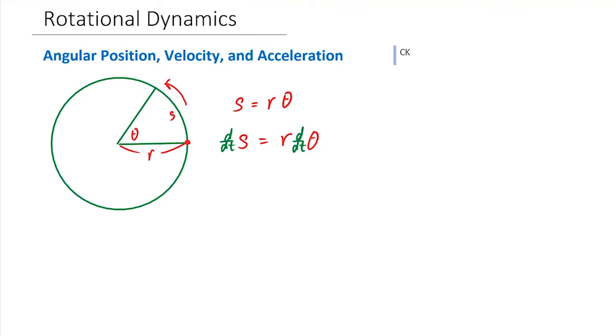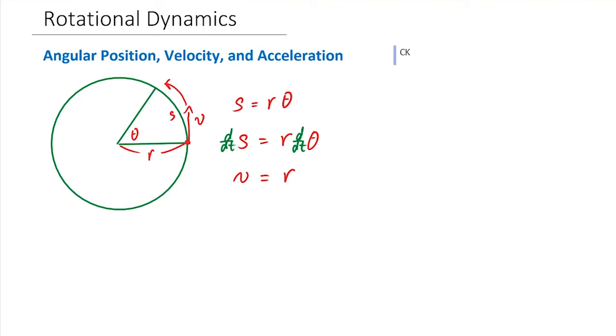Assuming R is constant, which doesn't necessarily have to be, but at this level it pretty much is, this gives you the velocity, correct? Which we call linear velocity, the velocity of this thing moving. It's linear speed, more like, because velocity includes the direction. Good?